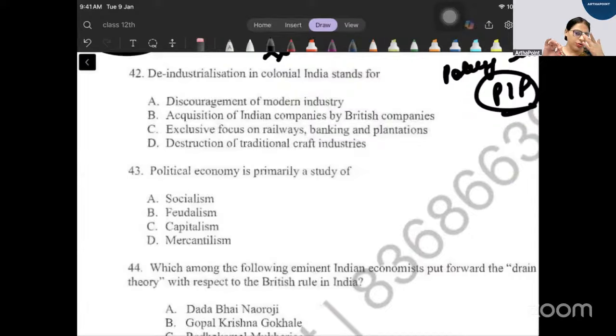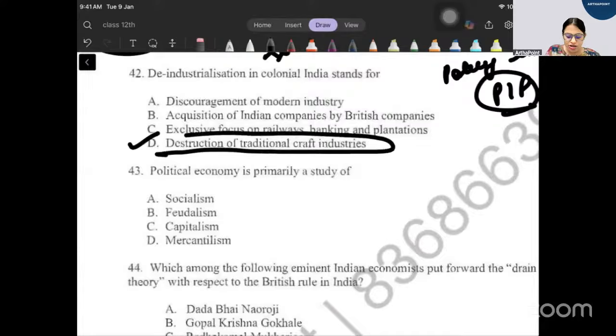Deindustrialization in colonial India stands for deindustrialization. Industries को खत्म करना. What industries we had in India? The traditional industry. So what is going to be the answer to this question? D. Destruction of traditional craft industry.